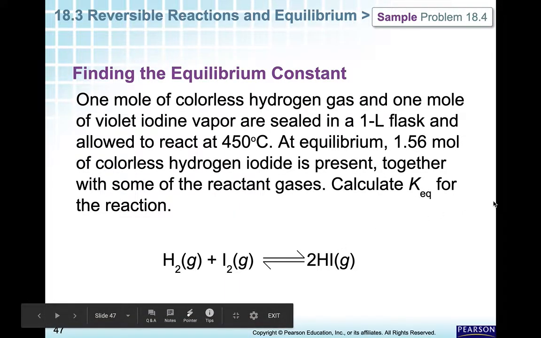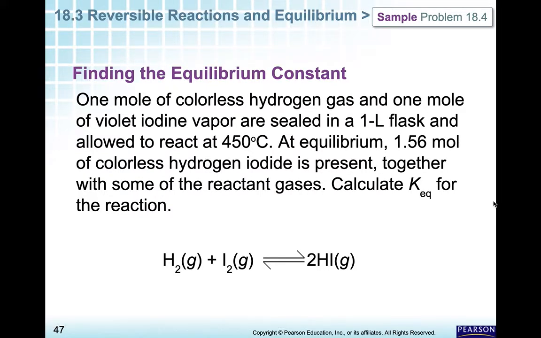Let's do one more. There's a bit more thinking involved in this one, but it's a pretty good problem. So let's talk through these steps. This time we're given 1 mole of hydrogen gas, 1 mole of iodine gas. They're in a sealed 1-liter flask, so we know the volume, and we know the starting moles of each.